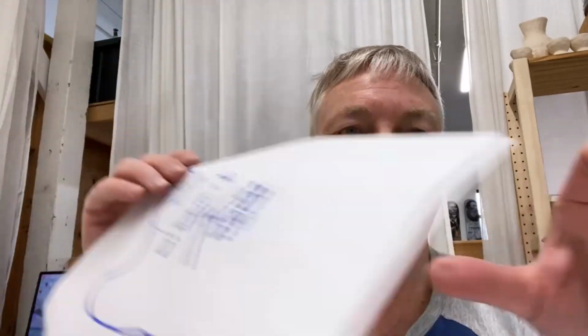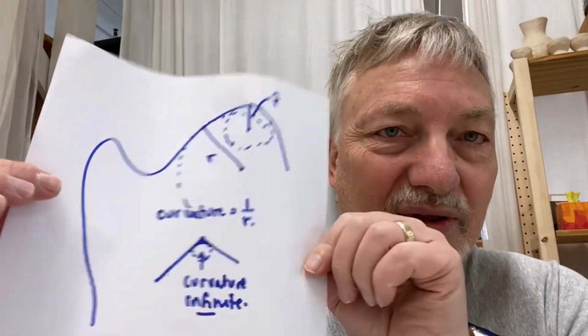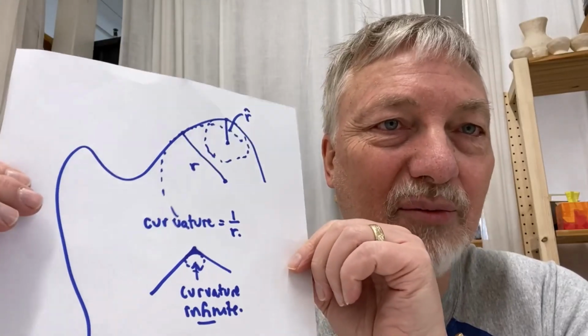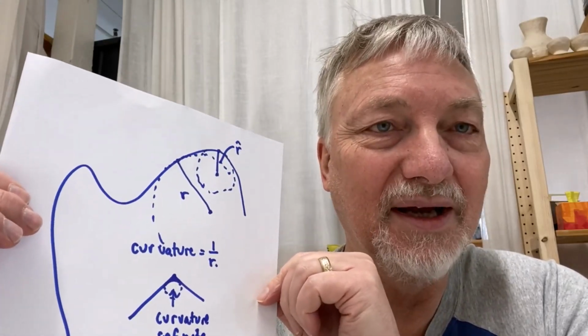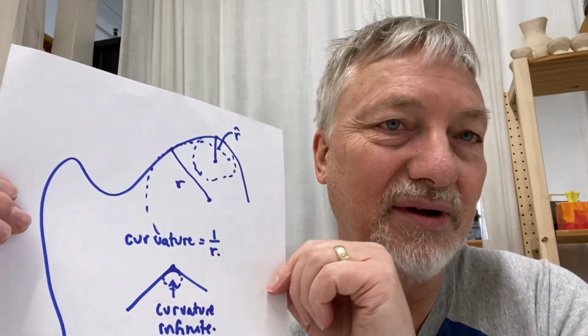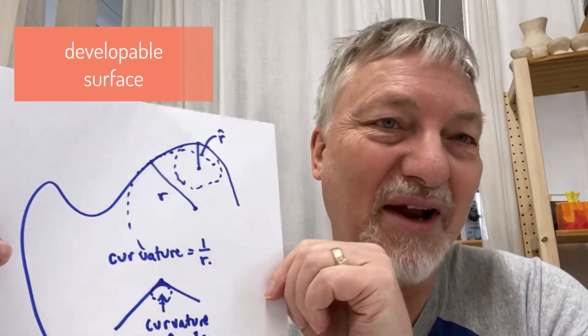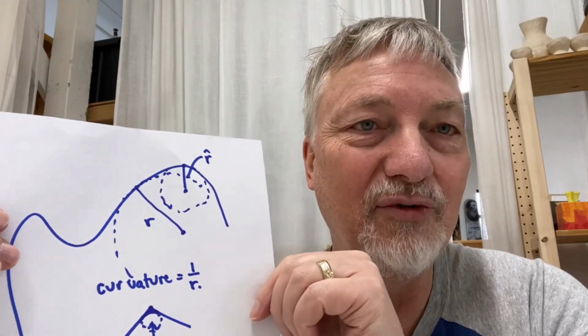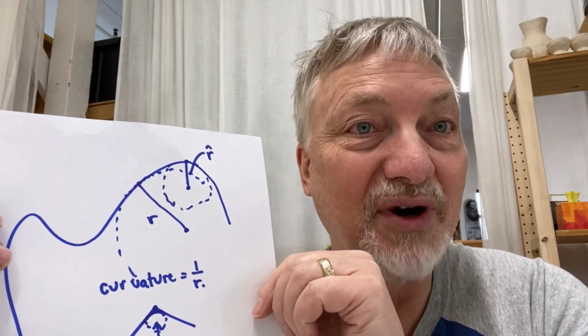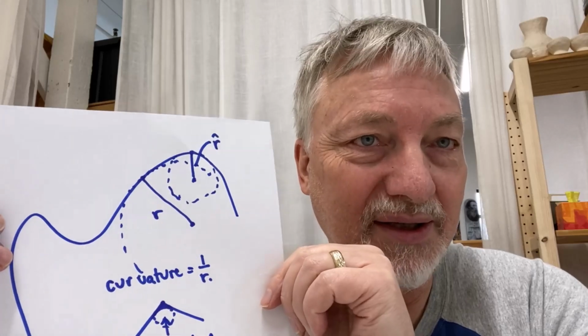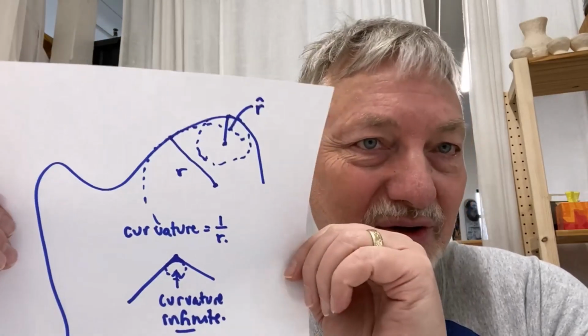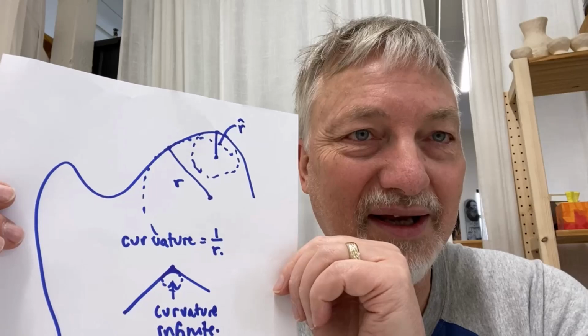There's a type of surface which can be covered with a flat sheet of paper without wrinkling, and it's called a developable surface. And of course, this is interesting not just for paper mache, but for manufacturing when you're making things out of sheet metal. You want to have shapes that you can bend your sheet metal into to make those shapes.